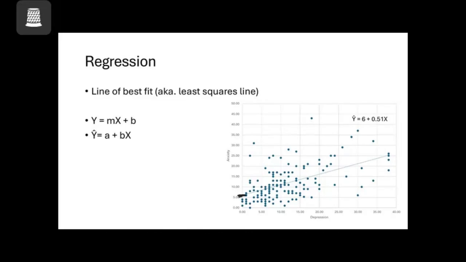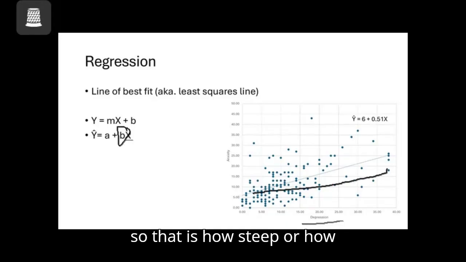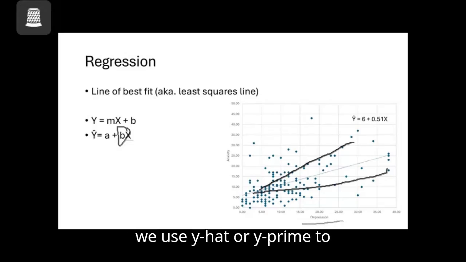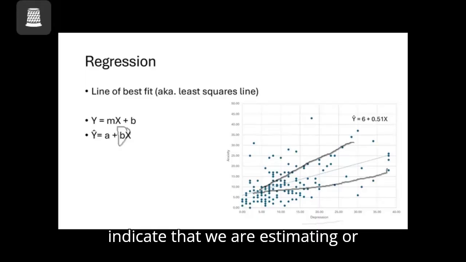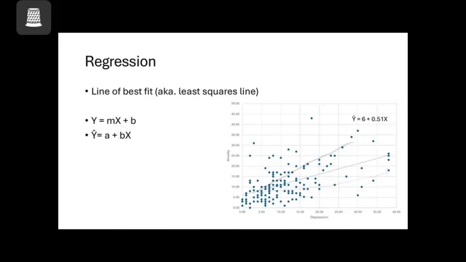And x, in this bx, is our value on the x-axis. And then b is the slope of the line, so that is how steep or how shallow that line is. And then we use y hat or y prime to indicate that we are estimating or predicting the y values rather than using them from actual data.